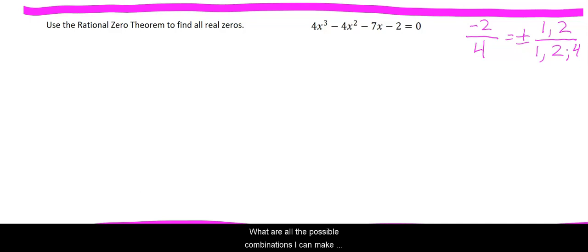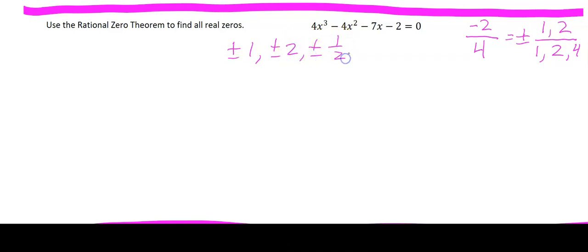What are all the possible combinations I can make where I have a 1 or a 2 in the numerator, a 1, 2, or 4 in the denominator, with either a positive or a negative? I could have a plus or minus 1, plus or minus 2, plus or minus 1/2, or a plus or minus 1/4. This comes from 1 over 1 and 2 over 1, 1 over 2, and 1 over 4.